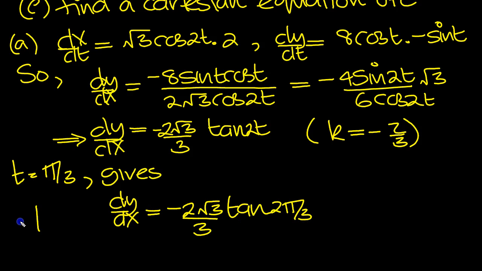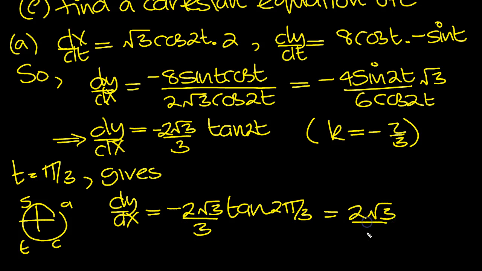If we think about our circle, if we don't want to tap it in the calculator, tan in this quadrant here, because it's 120 degrees, is negative, so that makes that positive. 2 root 3 over 3, and it's tan of 60 degrees, isn't it? Which is root 3, which is 2. So there's our gradient then, equal to 2.